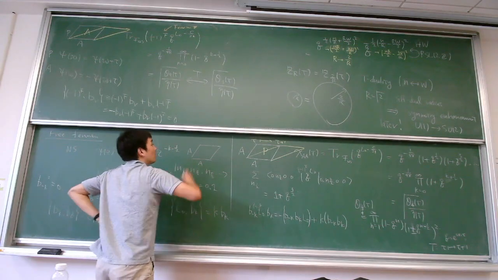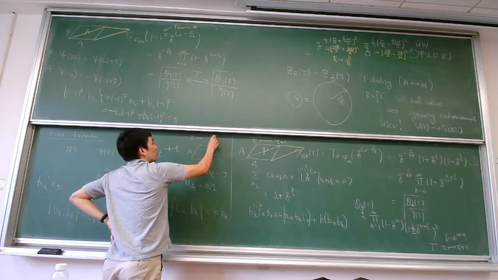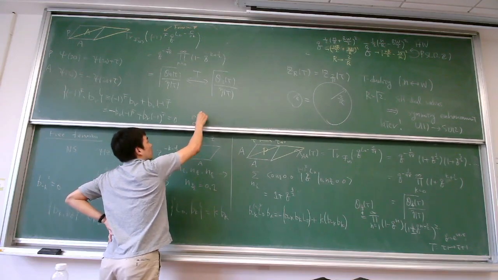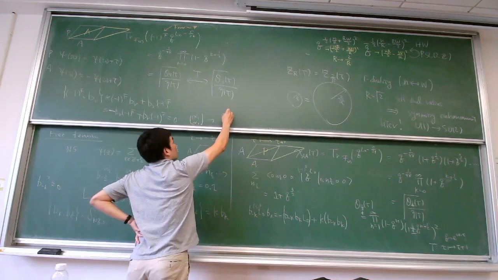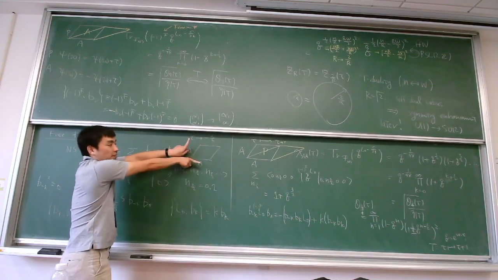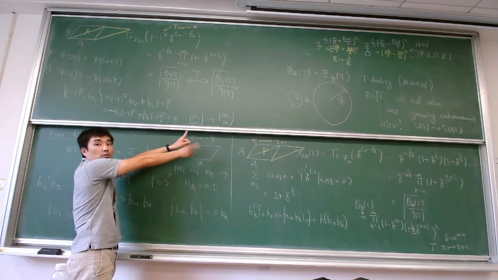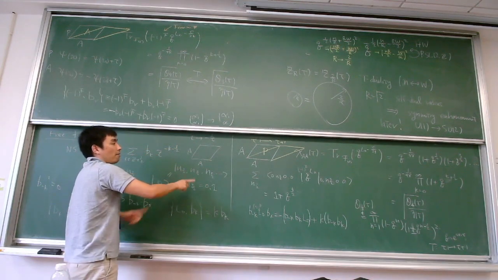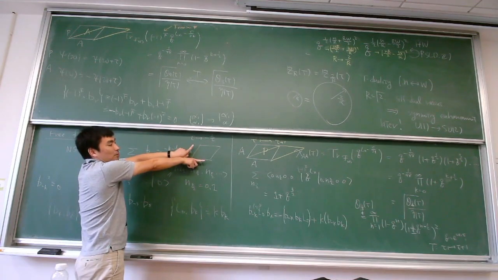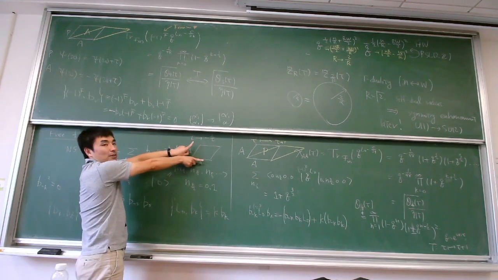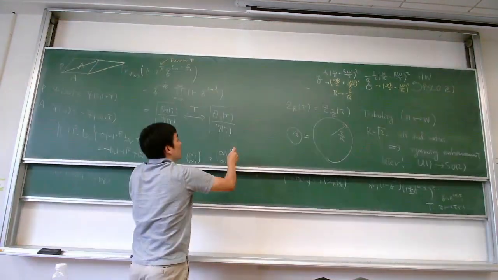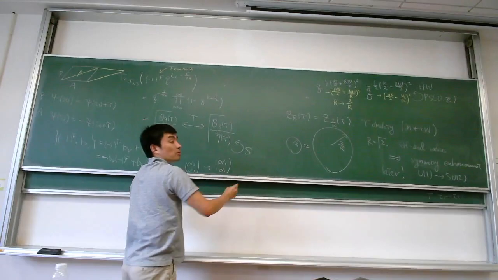Tau goes to -1/tau, essentially alpha 1 and alpha 2 are swapped. So the two vectors are swapped by the S transformation. You understand? So therefore, anti-periodic becomes anti-periodic. I mean, both anti-periodic, which means this guy is invariant under the S transformation.